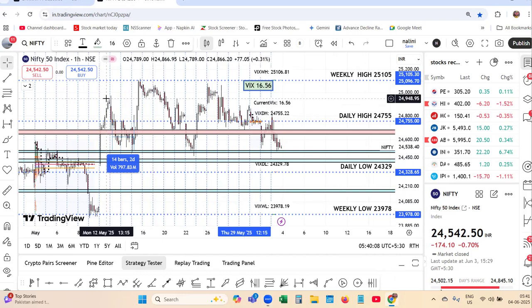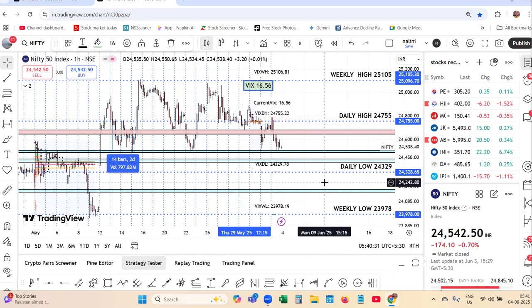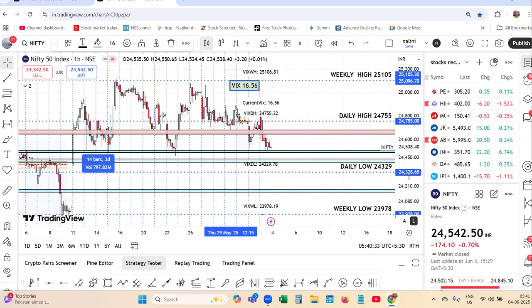First it popped up, and the second time it popped up and came down. It looks like a classical Wyckoff re-accumulation or distribution pattern. It doesn't look like a distribution pattern because there is no wick above this level. It looks like a re-accumulation pattern.